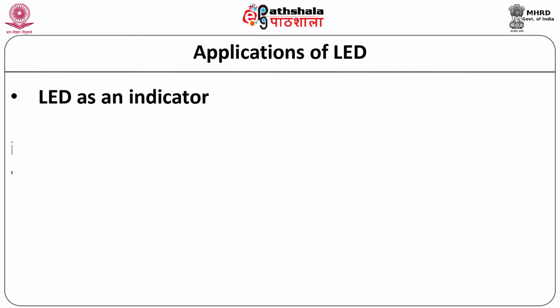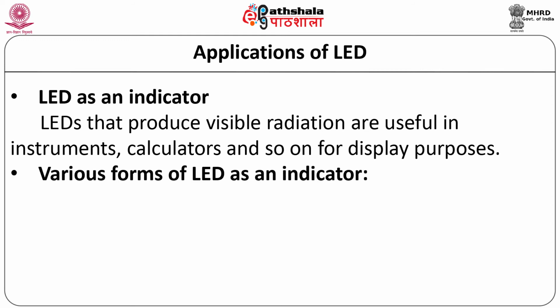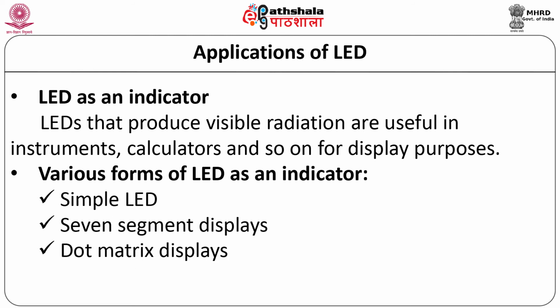LED as an indicator. LEDs that produce visible radiation are useful in instruments, calculators and so on for display purposes. Various forms of LED as an indicator are: one can use simple LED, 7-segment displays, dot matrix displays and bar graphs. You can see here, this is a simple red LED used as an indicator.